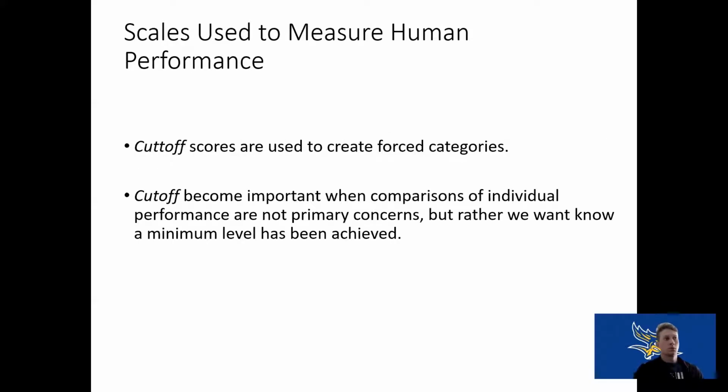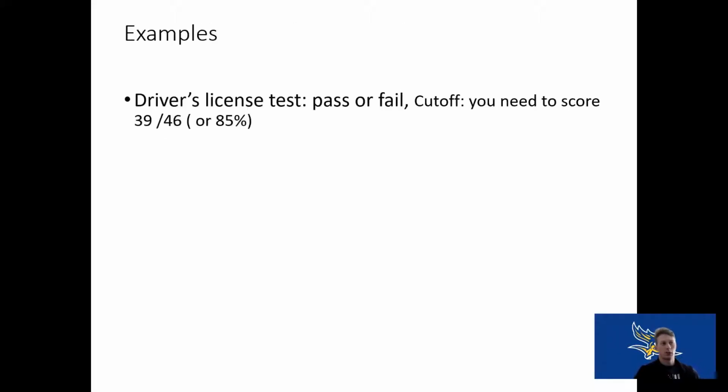So these cutoff scores create forced boundaries within categories. It forces us to have a standard and to reach that standard to fall within that category, rather than looking at what is normal within the population, or what is average, what is high, what is low. We're looking at these set cutoff points regardless of what the population is. So it's kind of a minimum standard.